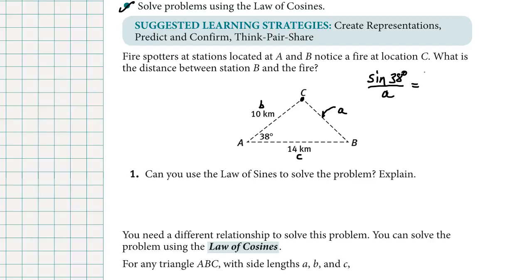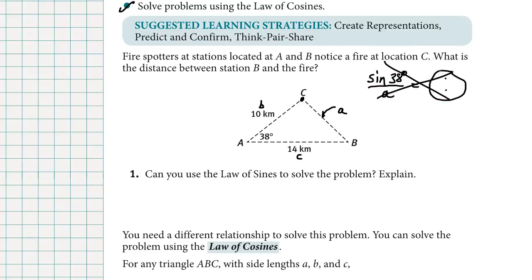We can't do that. We don't know the angle at capital C, even though we know lowercase c. We don't know the angle for capital B, even though we do know lowercase b. We don't have any way to write another ratio over here where we have a number in the top and in the bottom. So we can't use the law of sines.